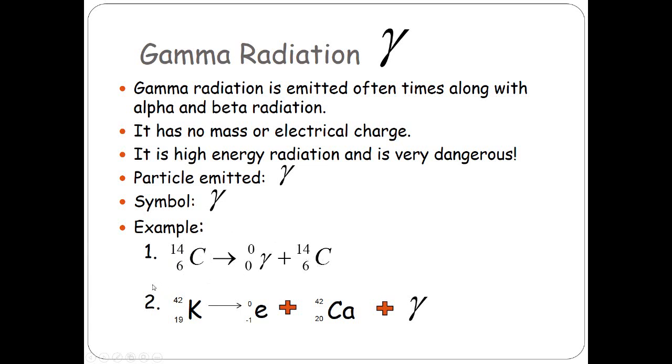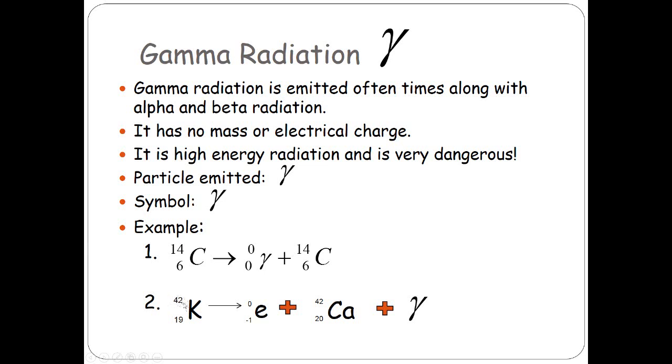All right. Now, number 2, if you take a look at it, is just this part here. If I ignore the gamma particle at the end, this part is just a beta decay, like what we looked at a minute ago. I've got potassium with an atomic number of 19 and a mass of 42.